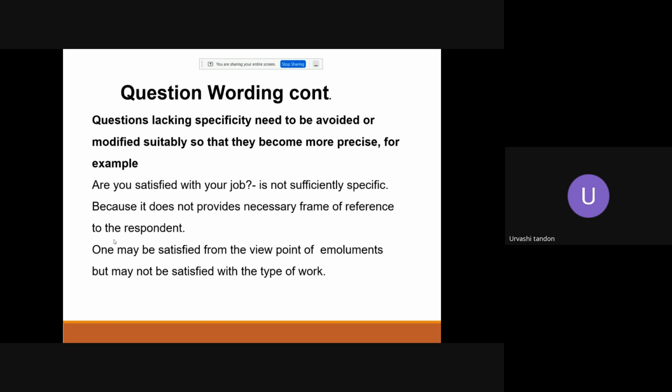Again, open-ended questions. Generally, we go for open-ended questions in a qualitative study, and they do pose some problems. They ask the respondents to answer in their own words. But then you have to analyze those open-ended questions, which is really a tedious task.